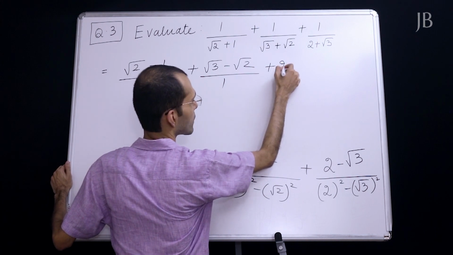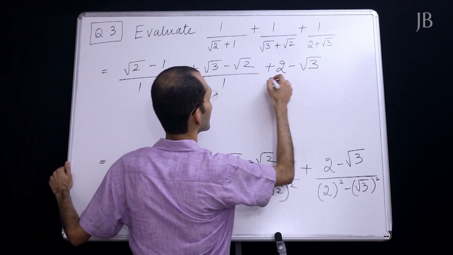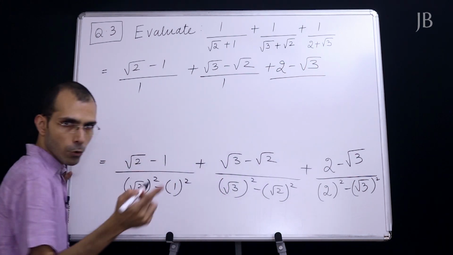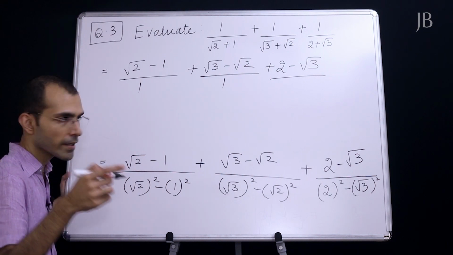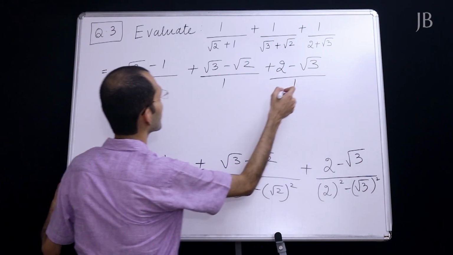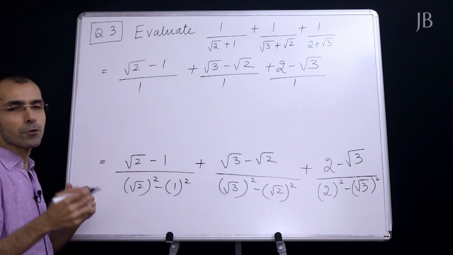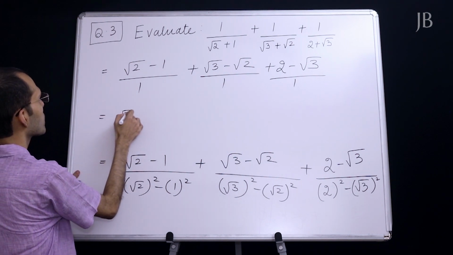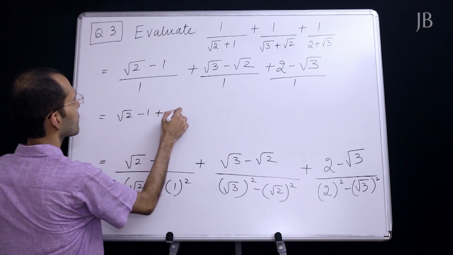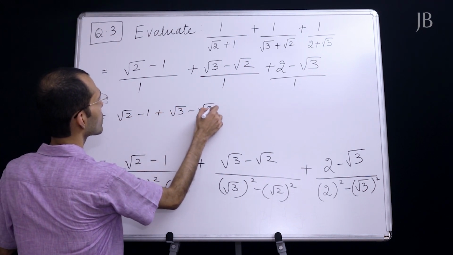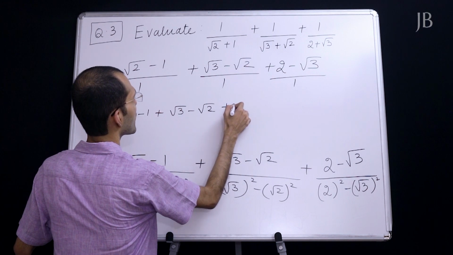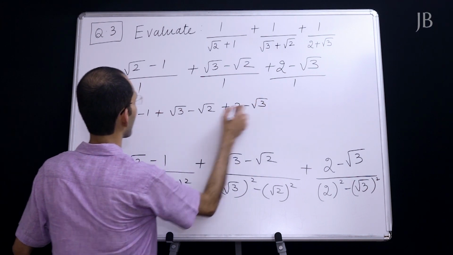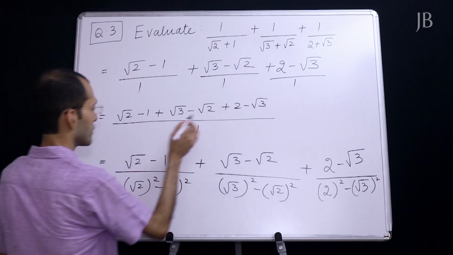This is going nice. 2 minus root 3. 2 squared, 4. Root 3 squared is 3. 4 minus 3, 1. Now denominators are all same. So what to do? Simply add the numerators. So it will be root 2 minus 1 plus root 3 minus root 2 plus 2 minus root 3 upon 1.